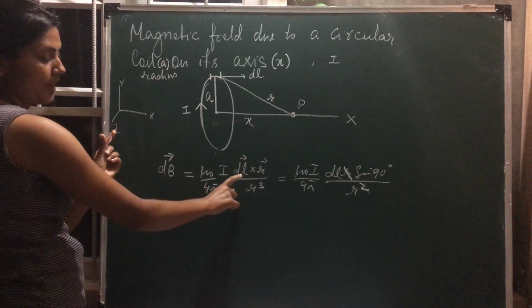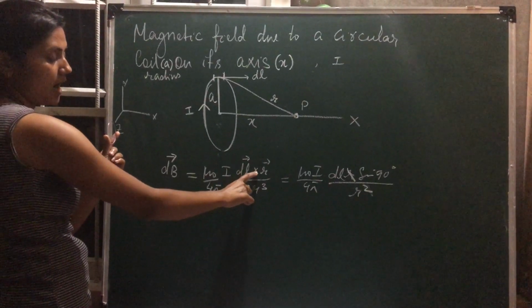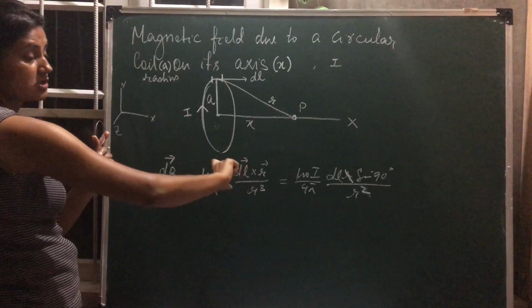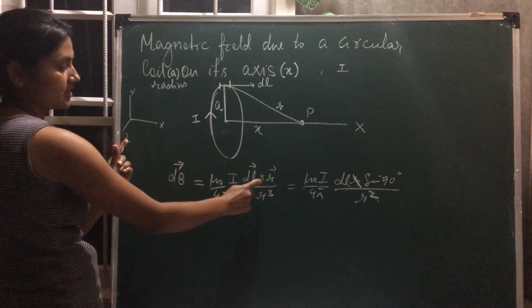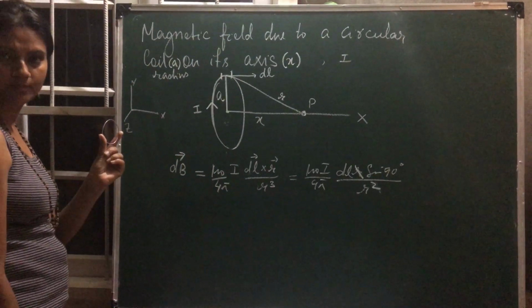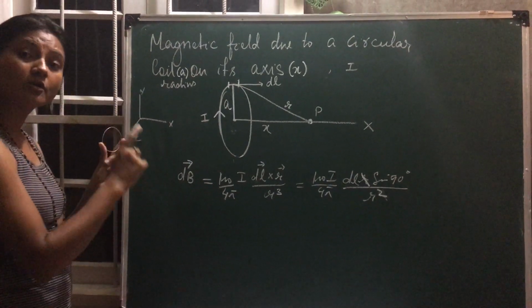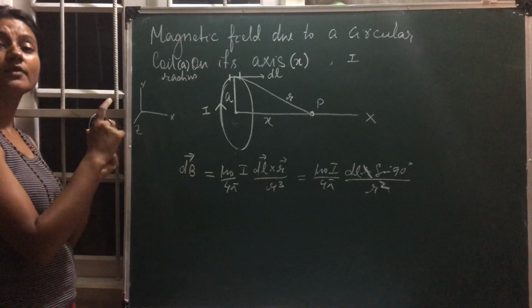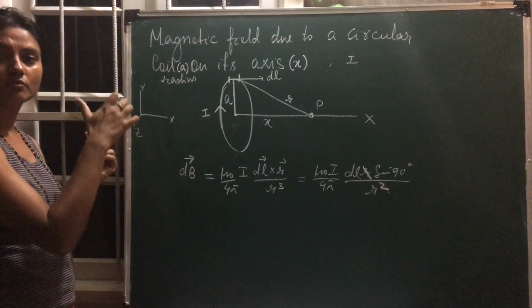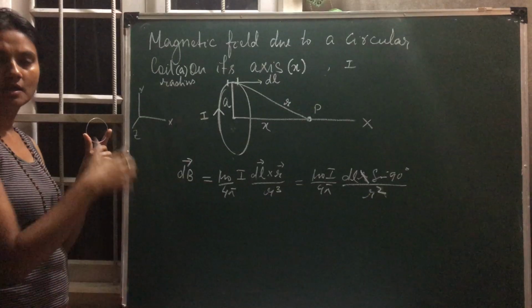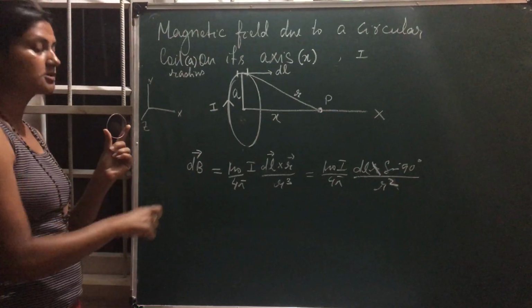You make the rotation from dL to R, and the direction in which the screw goes is the direction of dB. The screw rule will give you a more accurate result than the right hand thumb rule.